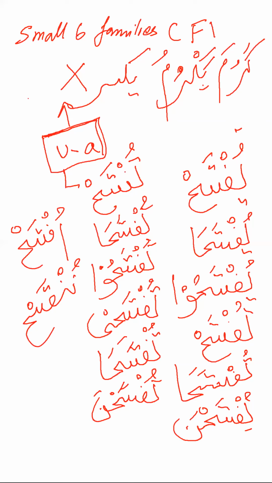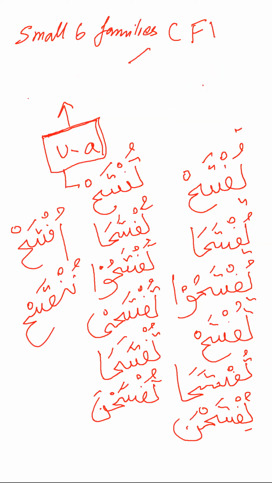So you may write family 4 first, and I'll write it for you in just a second. That is the only family that has the similar passive present tense as the small 6 families, the family 1.